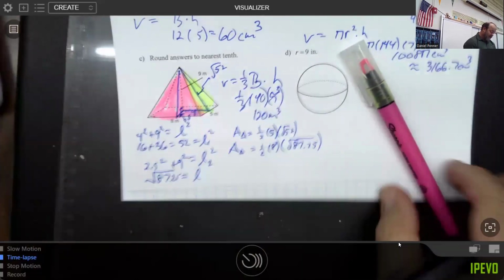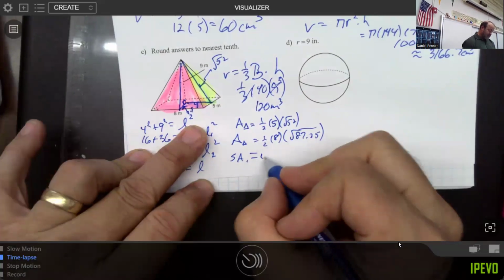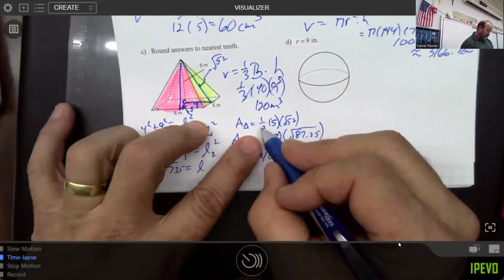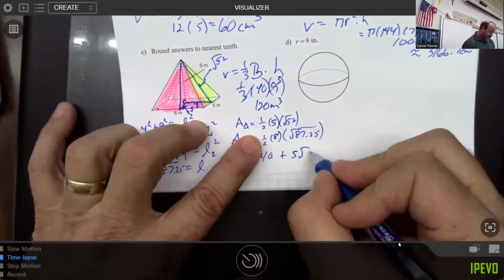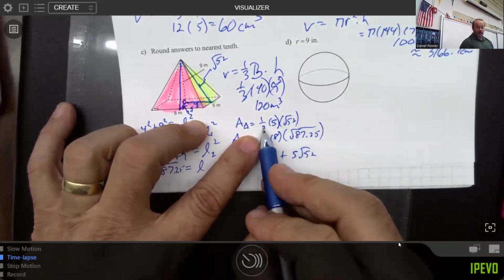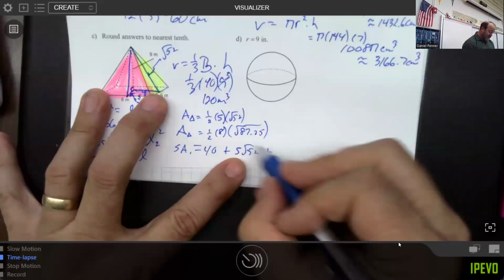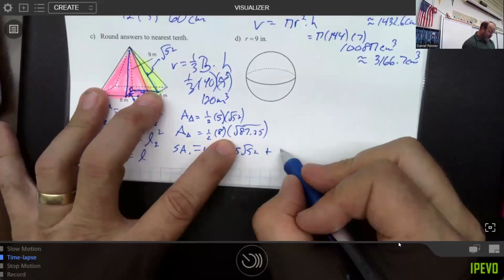So putting that all together, my surface area is going to be my base, which is 40, plus 2 of these triangles. But if I double this, I would just get 5 roots of 52, because I doubled something that was cut in half and those would cancel out. And similarly, if I double this, because I have 2 of these, the 2 times a half would cancel out.